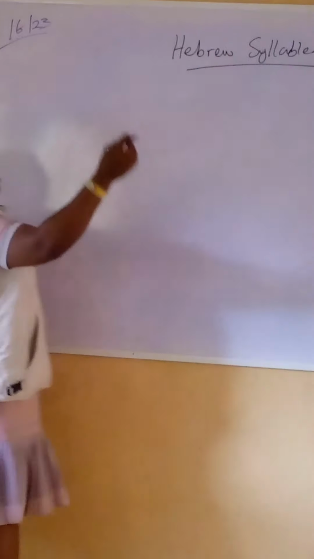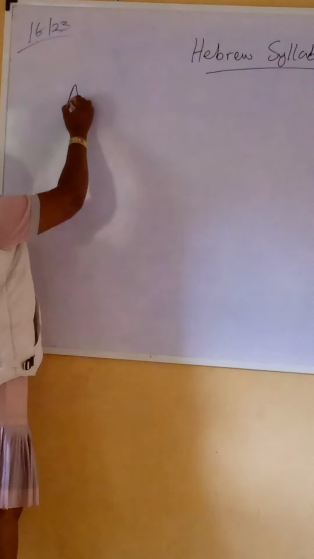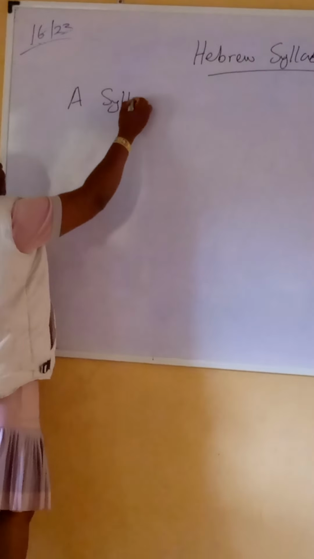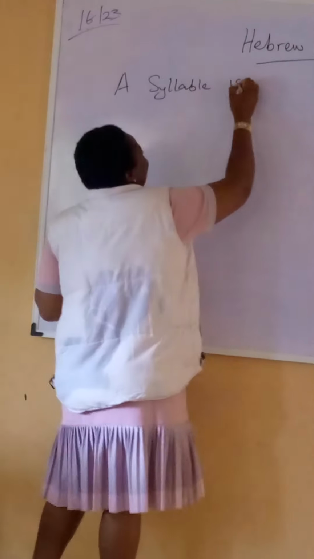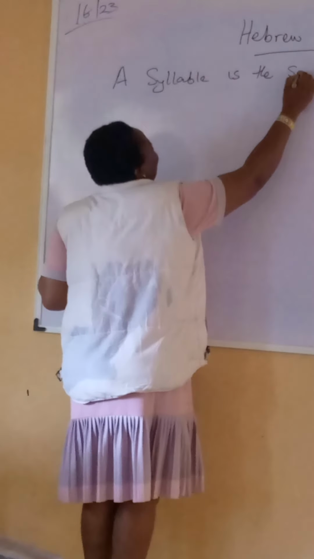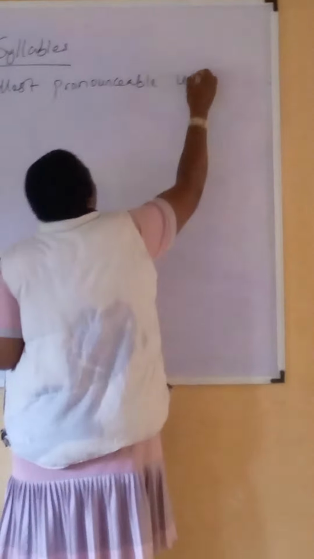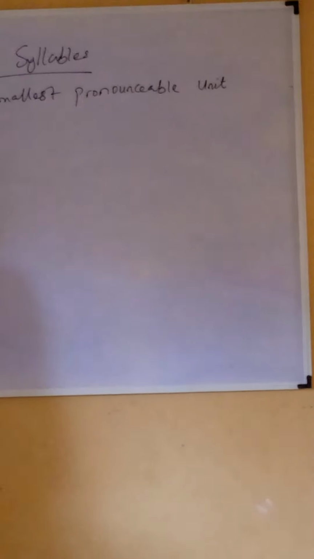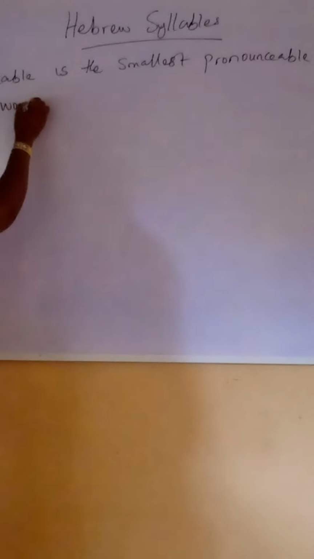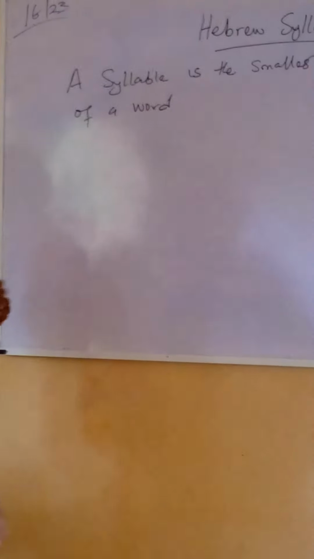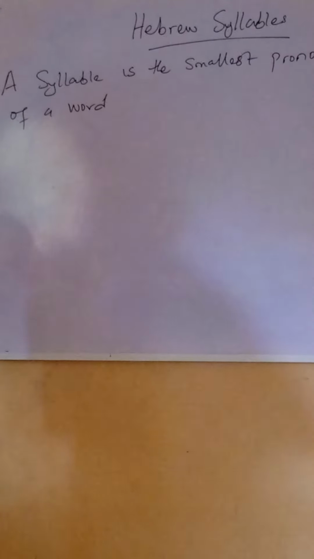So let me translate what you are saying. A syllable is the smallest pronounceable unit of a word.